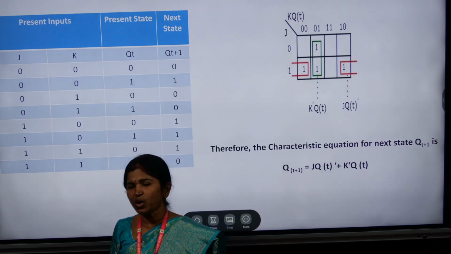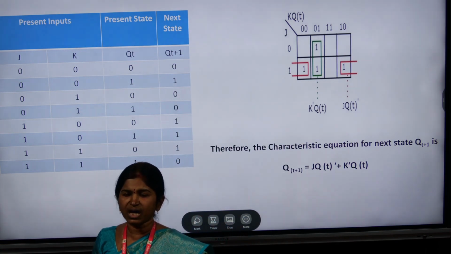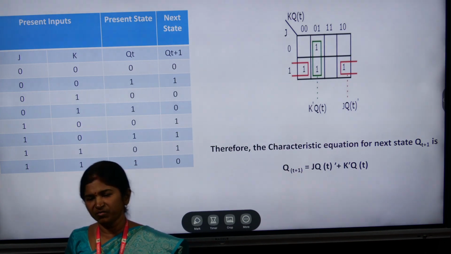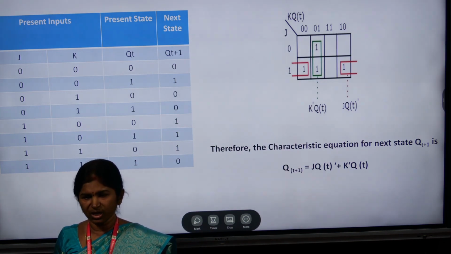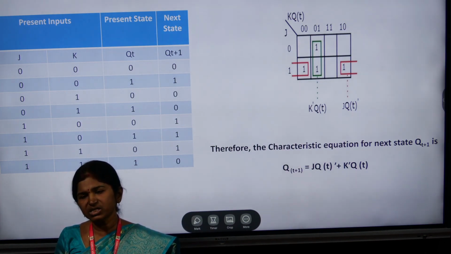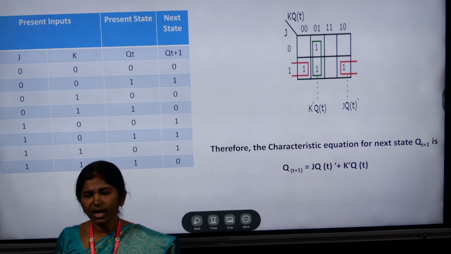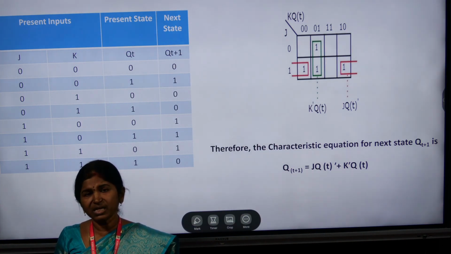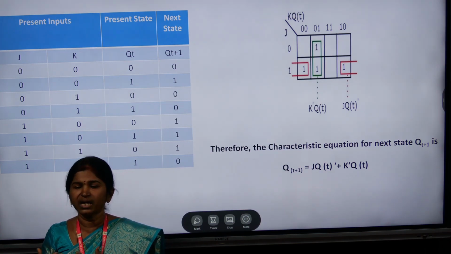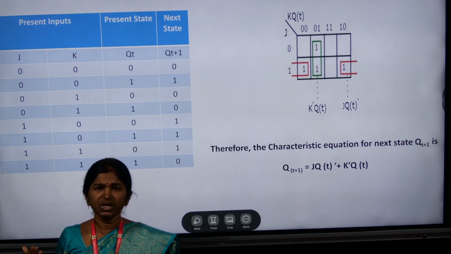So in the JK flip-flop, when both J and K inputs are 0, we are getting the output as no change. When J input is 0 and K input is 1, we are making the flip-flop reset. And when J is equal to 1 and K is equal to 0, the flip-flop is set.